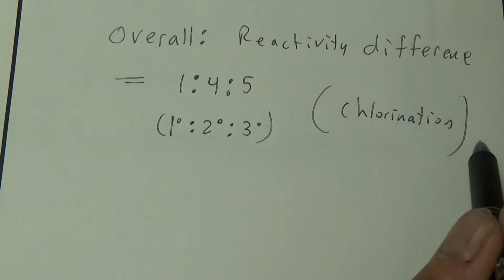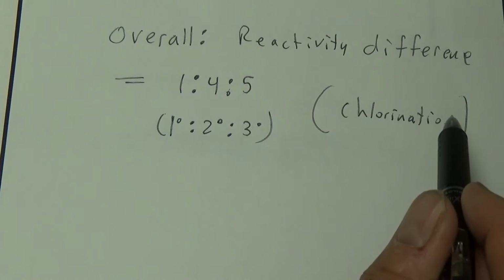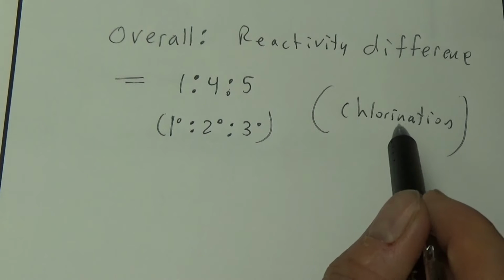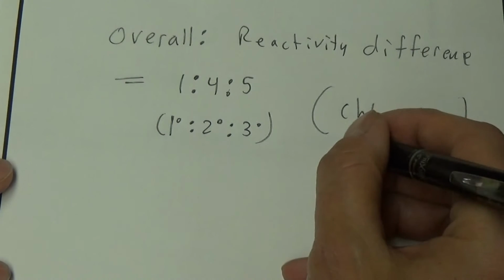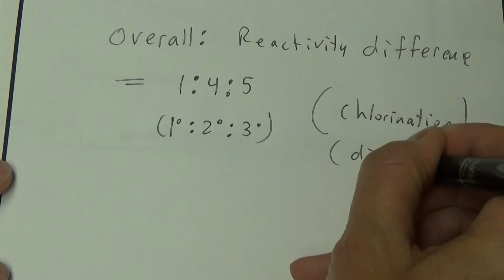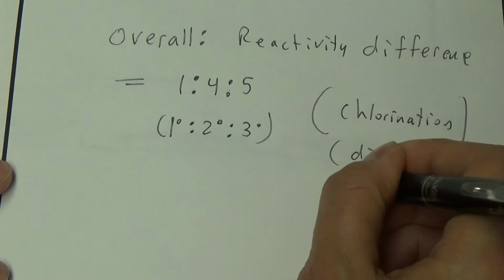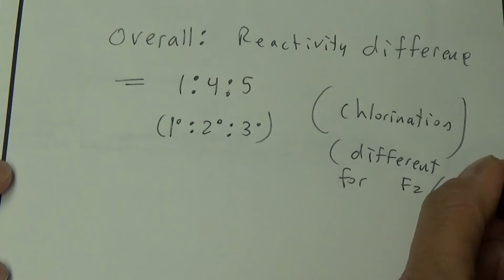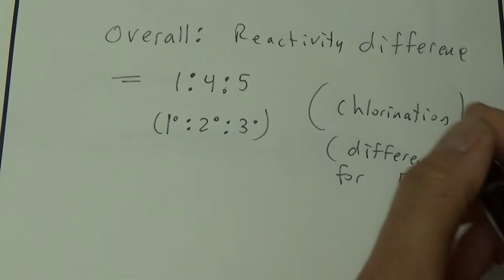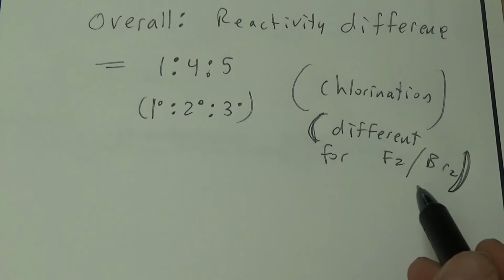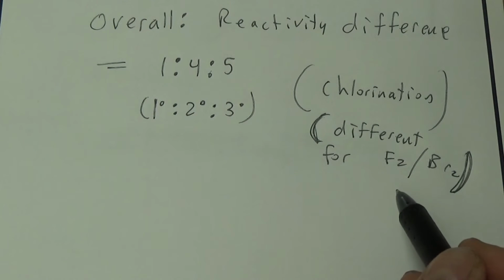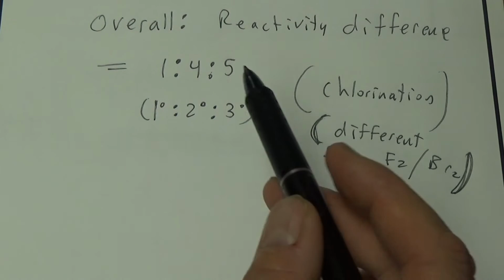So the reactivity differences are a little bit different for bromination and fluorination, different for F2 and Br2. Also, just a little bit of foreshadowing. Which one of these is crazy explosive? The fluorine one, right? And this is called selectivity.